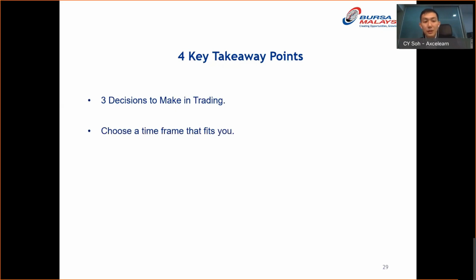The next thing is that you need to be able to choose the time frame that suits you. When you choose a time frame, you need to find one that matches your trading method. So if you're using a medium term time frame, you need to match it with your medium term trading approach.